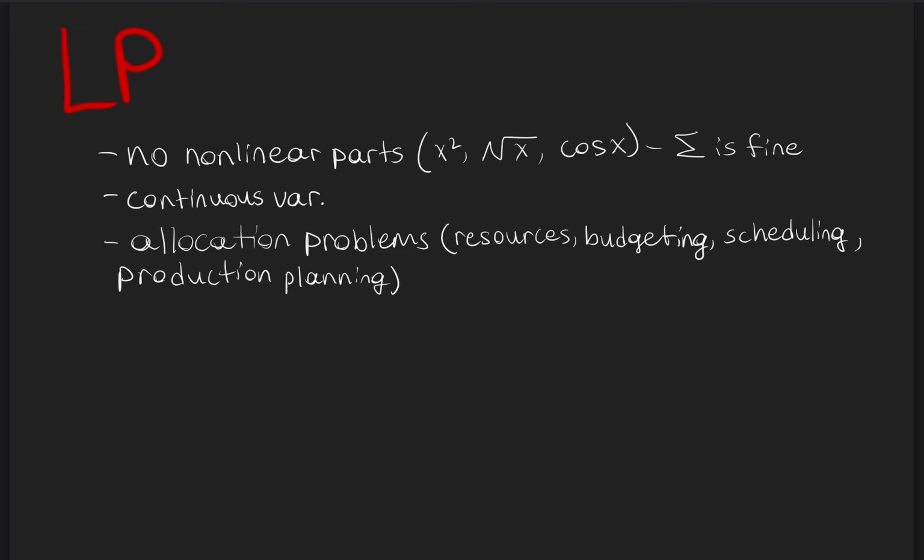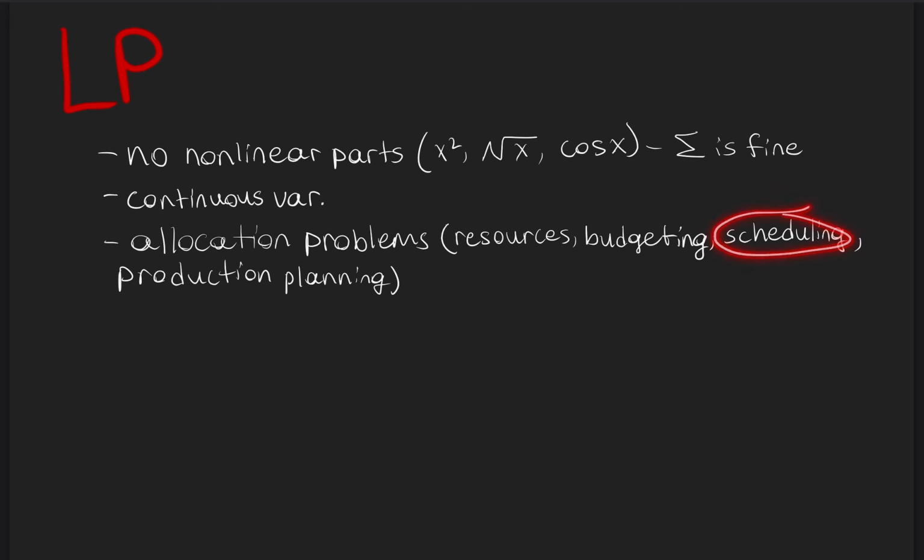There's also budgeting allocation, which is similar to the resource allocation problems, except the resource is money, and there are different places that you can invest that money in order to get a higher return on your investments.